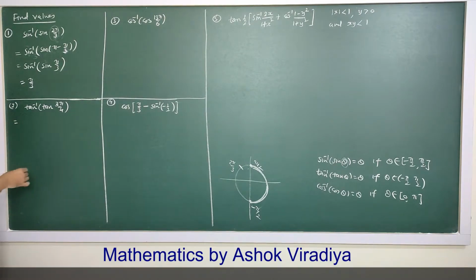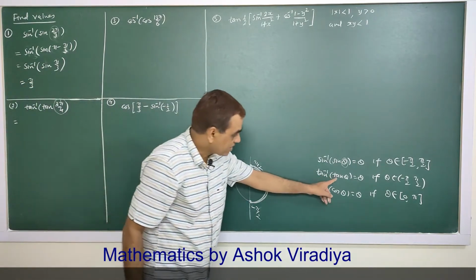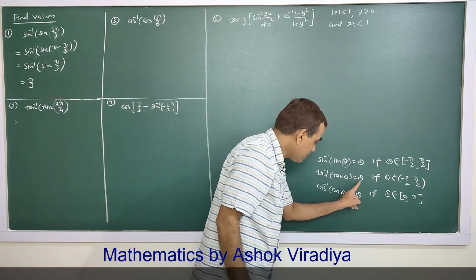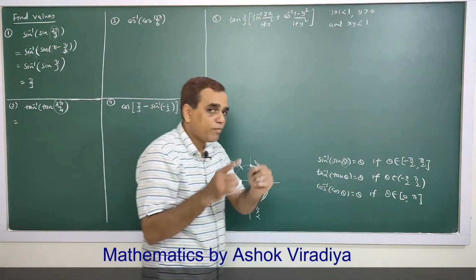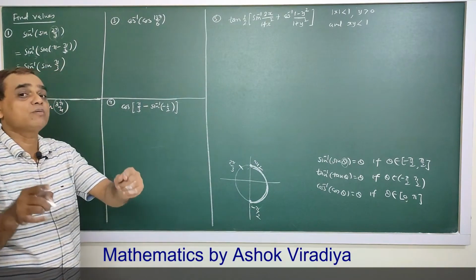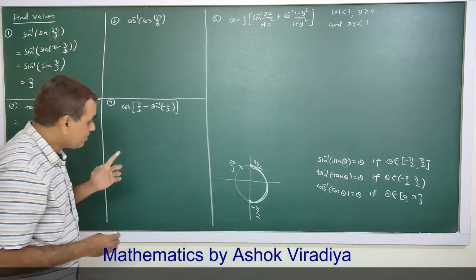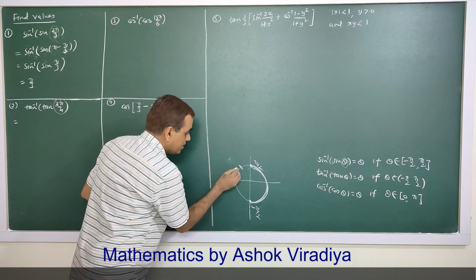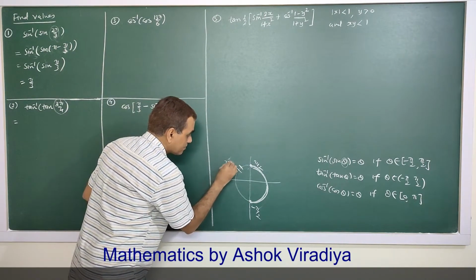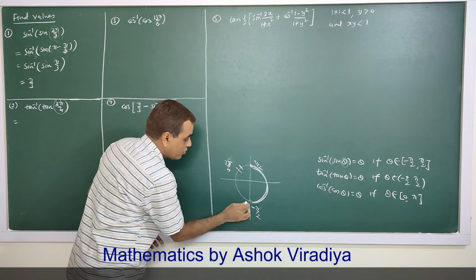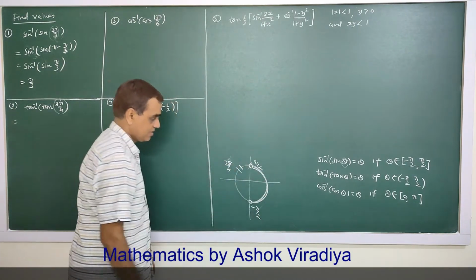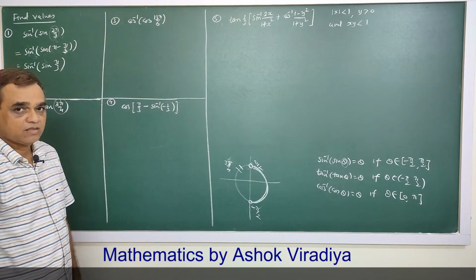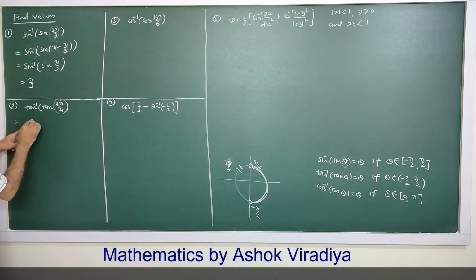In this question, tan inverse tan 3 pi by 4. Tan inverse tan 3 pi by 4 is equal to 3 pi by 4 if 3 pi by 4 belongs to the open interval minus pi by 2 to pi by 2. But here 3 pi by 4 is somewhere here, which does not belong to this open interval. So its value is not equal to 3 pi by 4.